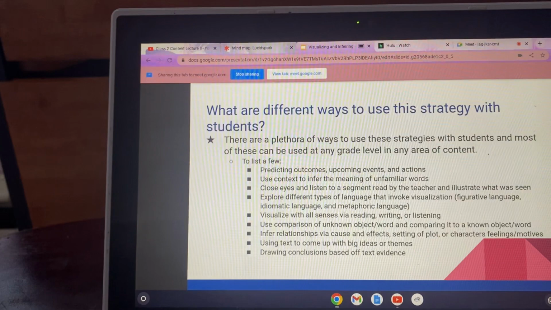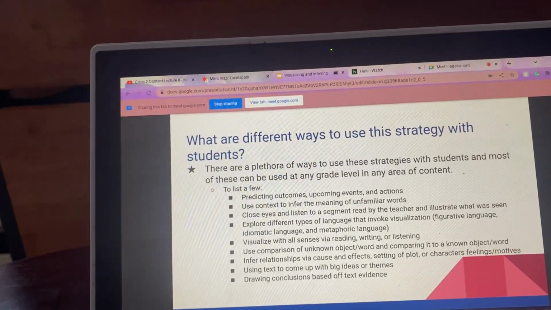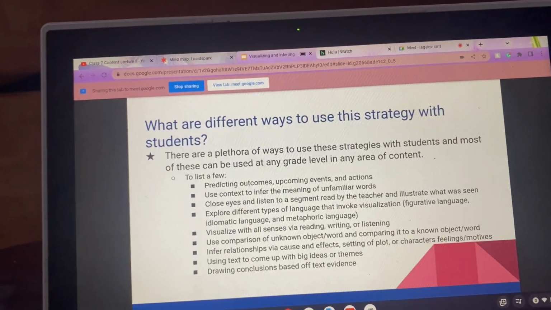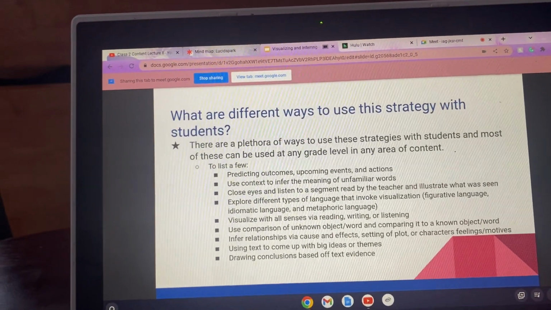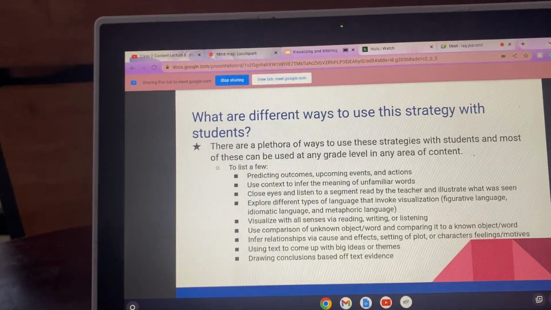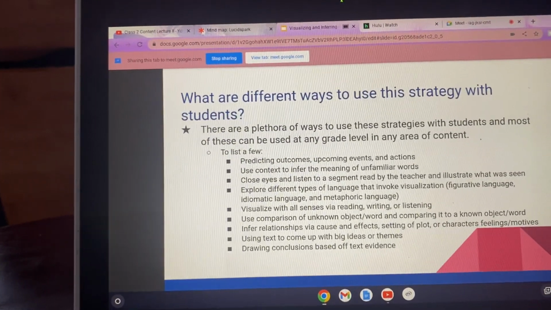So what are some different ways to use this strategy with students for my classmates and peers? So the beautiful thing about these two strategies is that there's really a plethora of ways these strategies can be used with students. And it's also great because even the most simple strategies can be used from kindergarten all the way up to higher education.